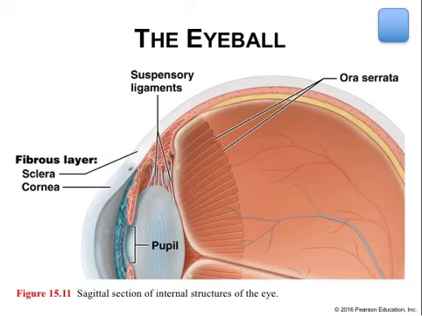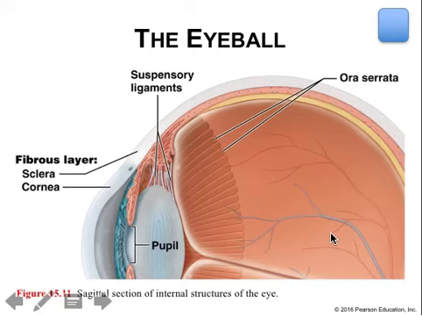As it passes through the aqueous humor, which is the liquid that exists between the lens and the cornea, it bends even more. When it hits the lens, it'll bend even further. The lens is also transparent. It's made up of a protein called crystallin, which are produced by lens cells that are inside the structure. And then it'll hit the vitreous humor, which is a gel-like substance that bends the light even further.